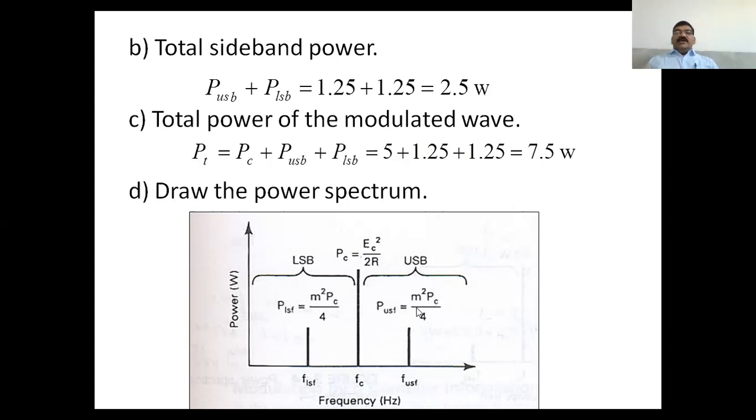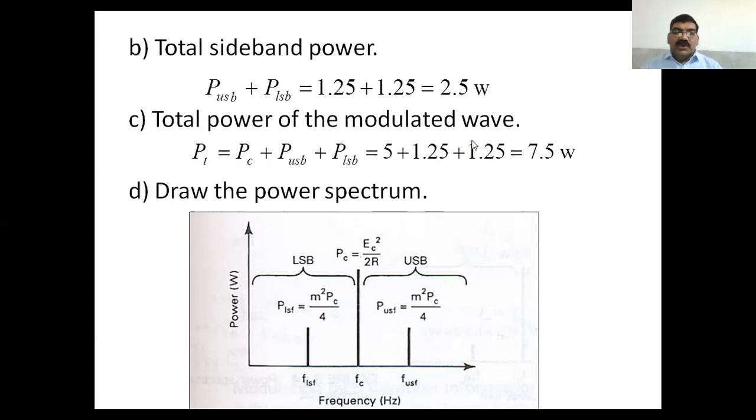So you can understand the ratio between carrier power and sideband power: it is 4 times. Your sideband power is 1/4 of your carrier power. Accordingly, you put the values you got in this numerical.